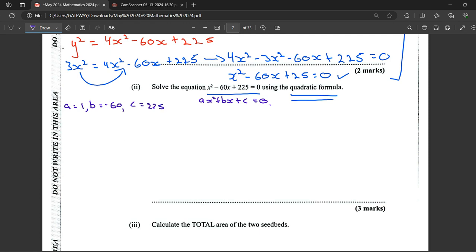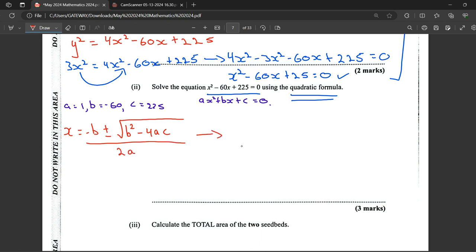Nice. So now I'm going to write the formula there. So x is equal to negative b plus or minus the square root of b squared minus 4ac, all over 2a, right?